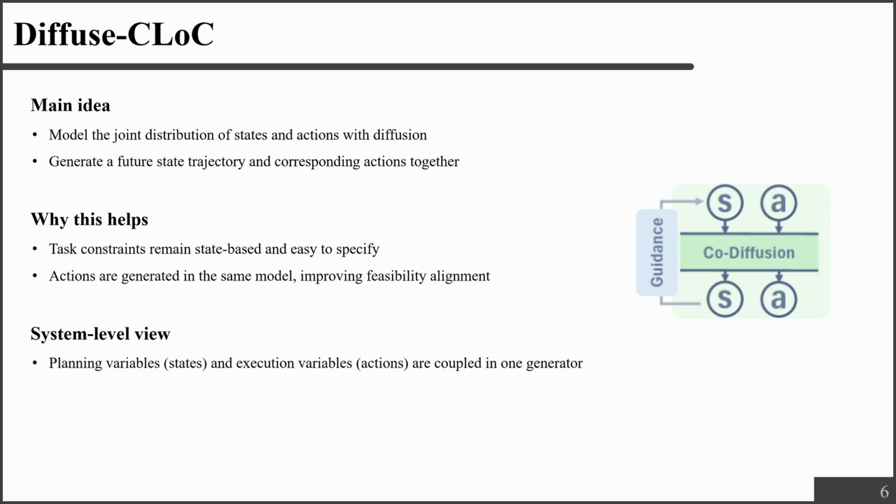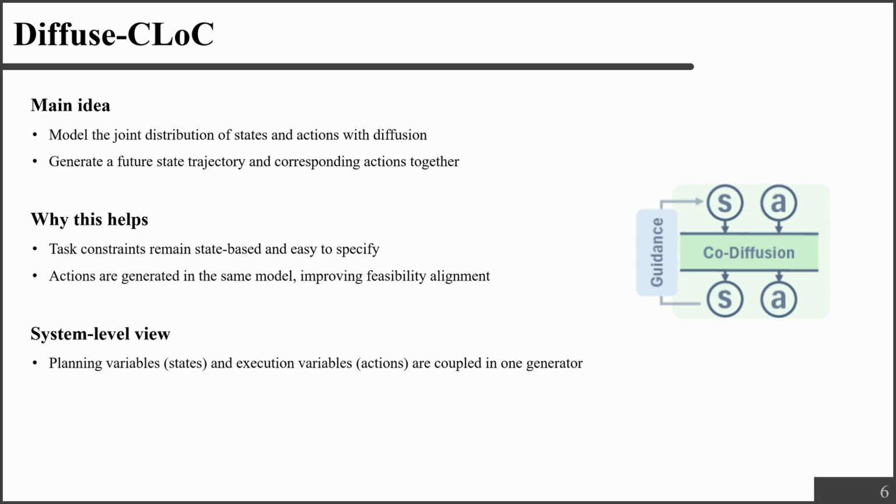About this, Diffuse-CLoC changes the modeling target from states only or actions only to states and actions jointly. The model generates a look-ahead trajectory that includes future states and the actions intended to realize them. This allows task constraints to remain in state space where they are easy to define.